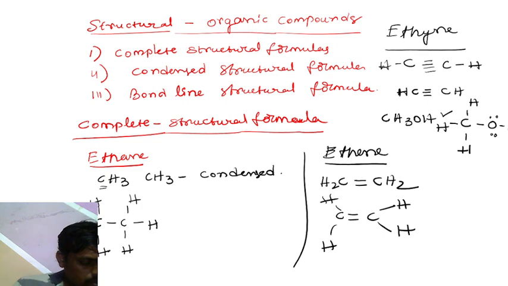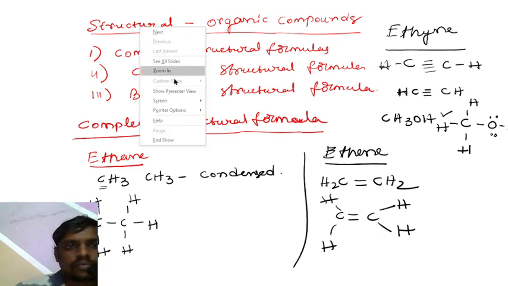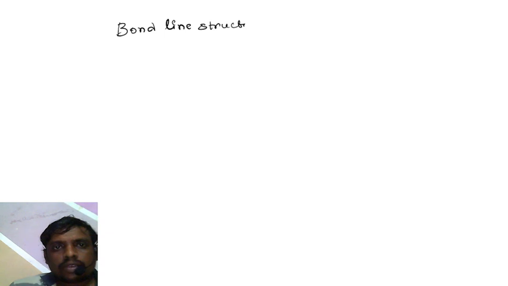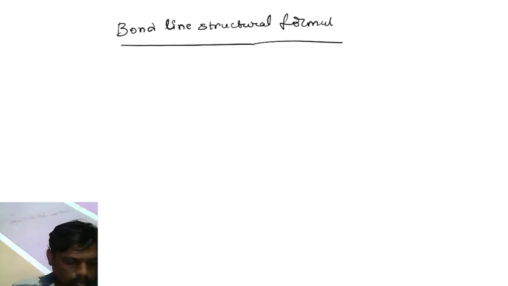Okay, so bond line structural formula. How to represent the bond line structural formula? Bond line is generally represented like this.